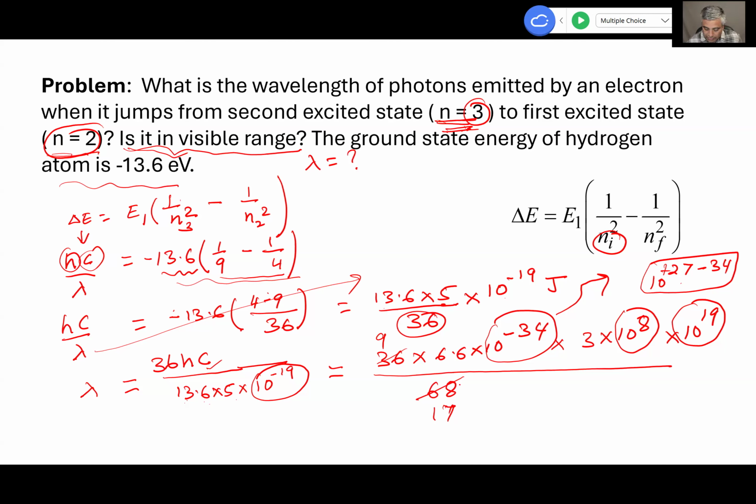So this became a prime number, so I cannot cancel it with the one on the top. So 27 times 6.6 times 10 to the power negative 7, divided by 17.